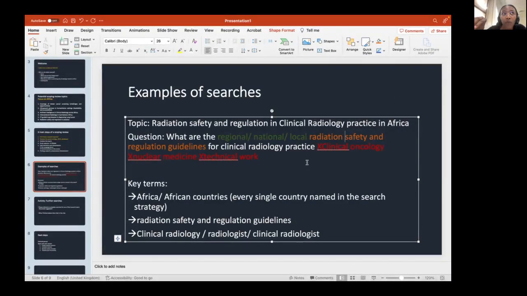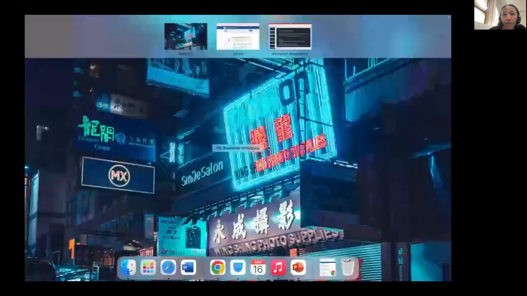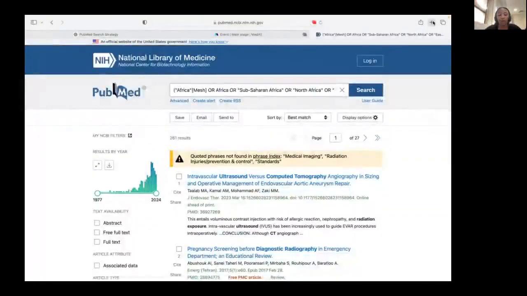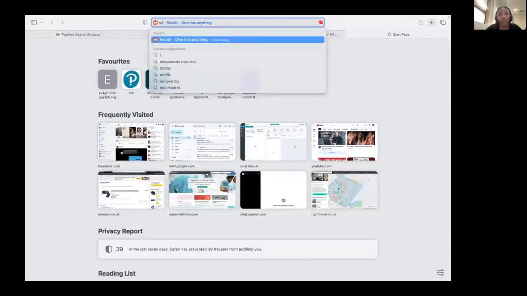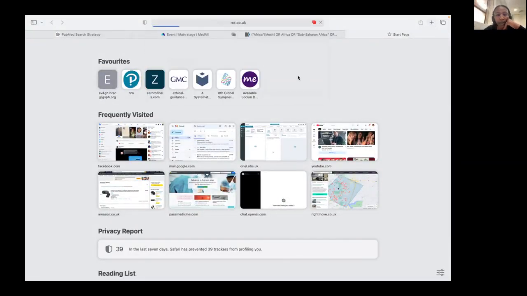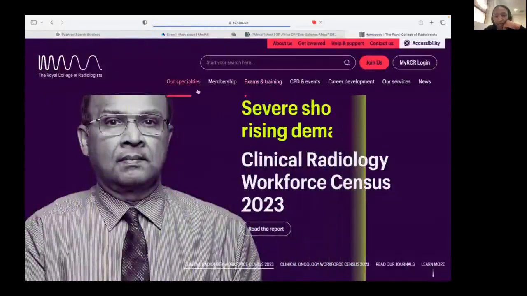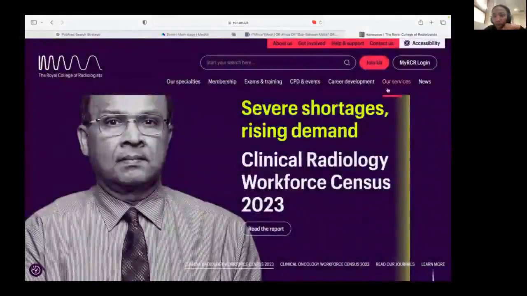So if you want to do some research, if you want to look at these guidance, for example, let's say you want to look at the RCR website, I'm just using the RCR because it's just a bit easier. So what you want to do is look at their publications.